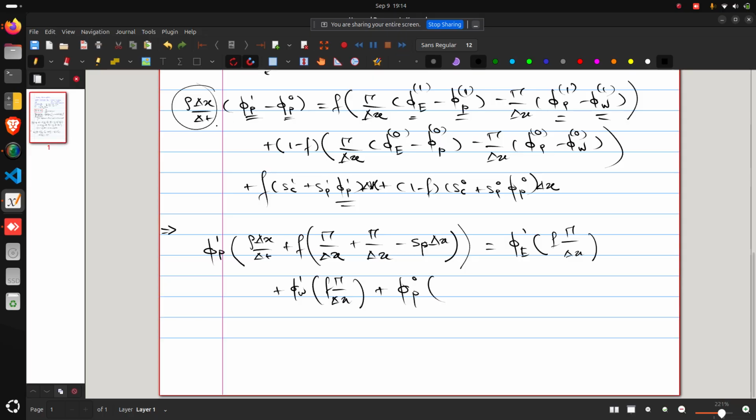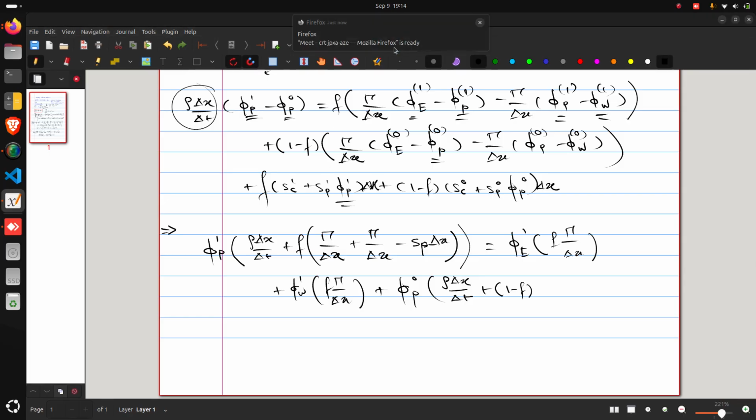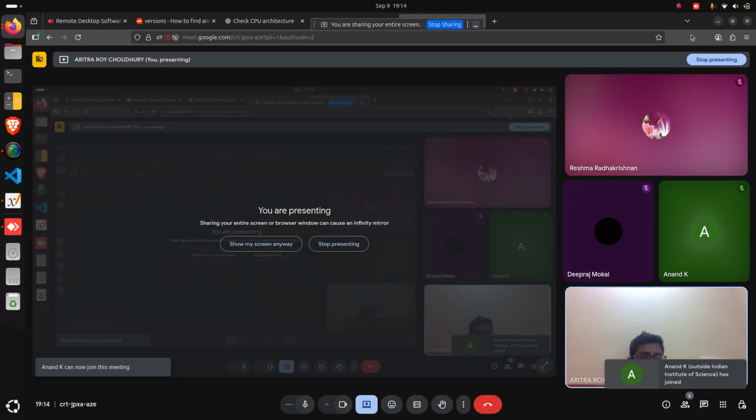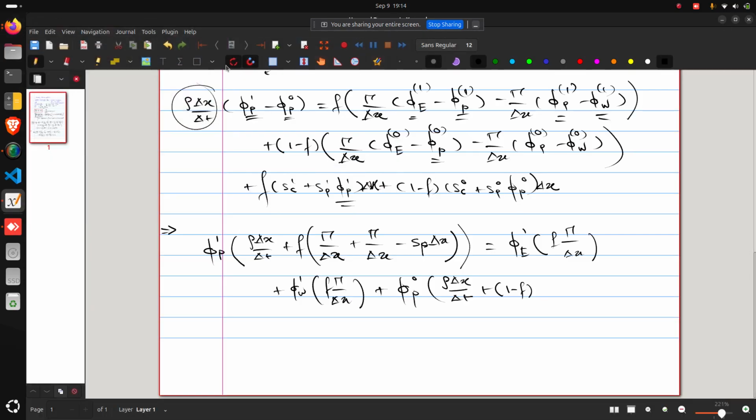Phi p naught will have this coefficient, rho delta x by delta t, plus 1 minus f. Let's not write plus here, because all these terms of phi p naught will have minus signs.